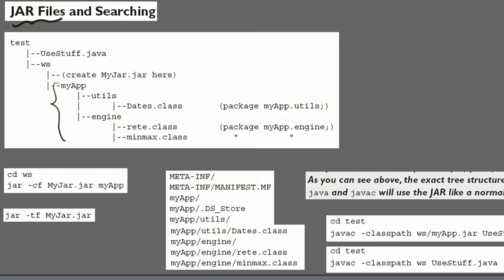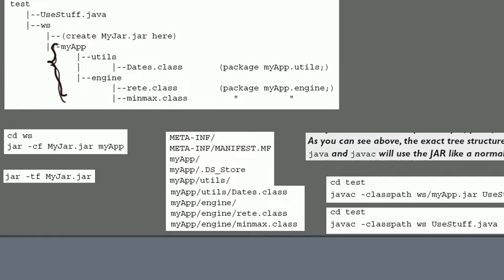Jar is short for Java archive files. Say this is your application and you want to bundle it in a jar file. In the current directory, which is ws, you would do jar -cf, the name of the jar file and the folder you want to bundle.